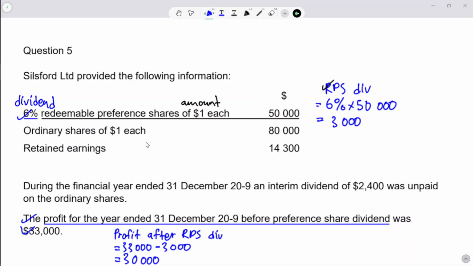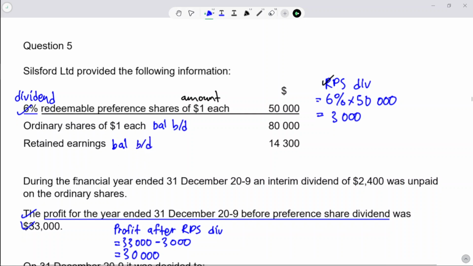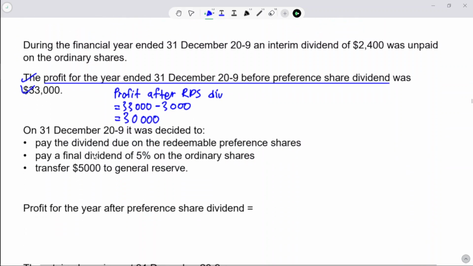So let's say this didn't mention anything, right? This one actually balance PD. Okay, let's continue. He said this one is dividend unpaid. So don't include it. Don't record it because it's unpaid, right?